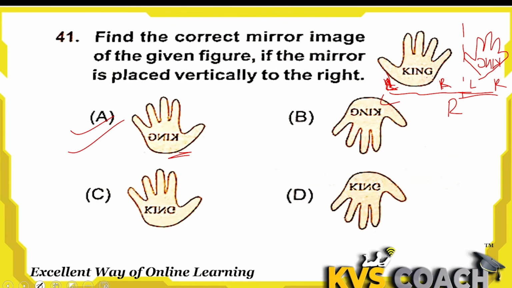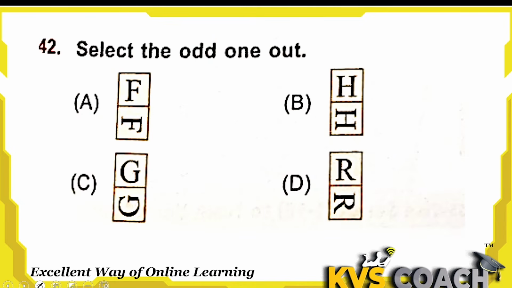Okay, next question is select the odd one out. If I'm talking about the odd one out, this is F, and you can see that F is now rotated 90 degrees. Now this is horizontal and this is vertical. Sorry, this is vertical and this is horizontal. Now here it is vertical, this is horizontal.